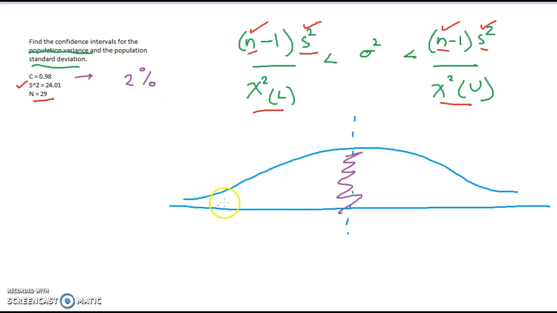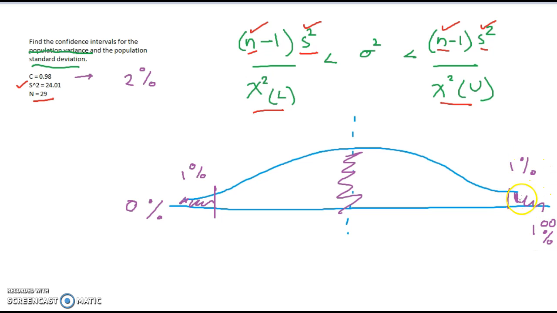In other words, we can allow 1% of error here, and 1% of error here. Let's think about what this means. The tail sums up in this direction to 0%, and the tail sums up at the upper end to 100%. Hopefully this is making sense. I'm not sketching this well, but try to keep this going.